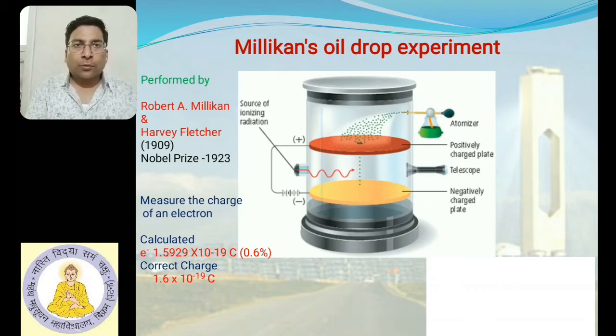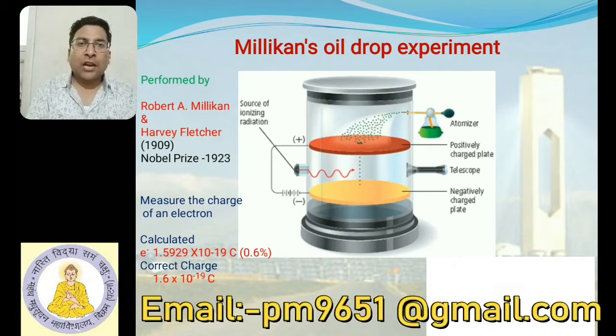Today we are going to learn Millikan's oil drop experiment to calculate the charge on an electron. This experiment was performed by two famous scientists, Millikan and Fletcher, in 1909, and they also got the Nobel Prize for this experiment in 1923.